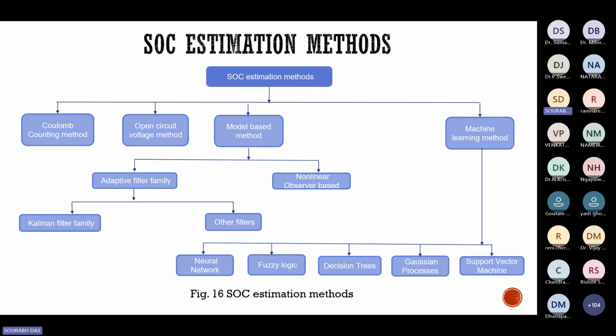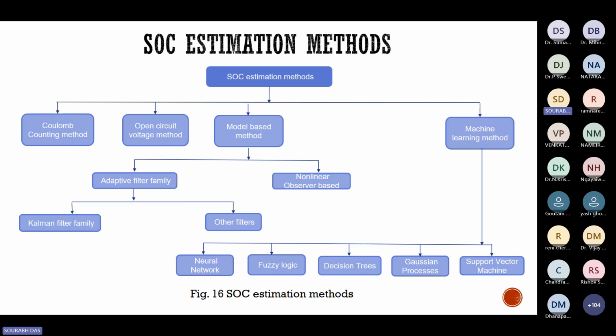Then machine learning methods are there. Machine learning methods mean neural network, fuzzy logic, decision tree, Gaussian process, and support vector machine can be used. These employ advanced algorithms to predict the SOC.